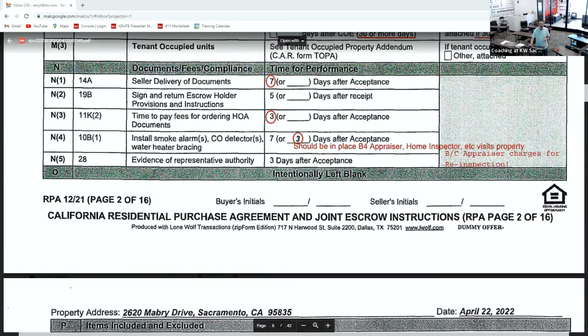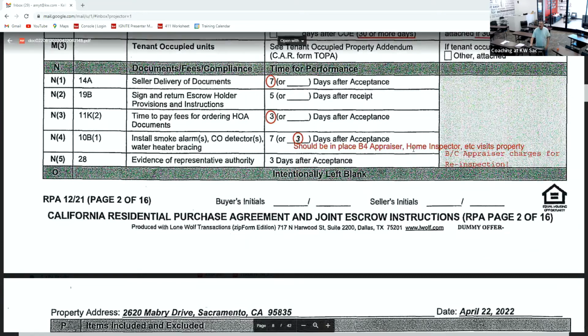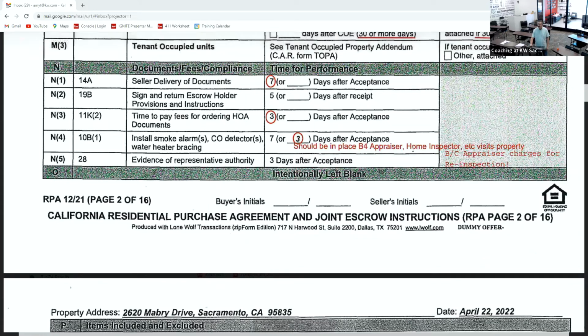You want that done right away, because if your buyer is getting an appraisal on a financed deal, or the home inspector is going out there, and an appraiser spots that it's missing a CO detector or smoke detector, or they're inoperable, the appraiser won't sign off on the appraisal in order for the loan to be underwritten and financed.